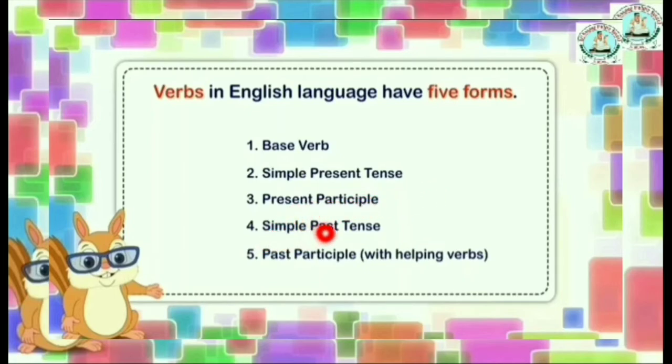And simple past tense is the past form of verb without a helping verb. And last one, past participle. It always comes along with the helping verb, and we use this one in the perfect tenses and to show passive voices also.